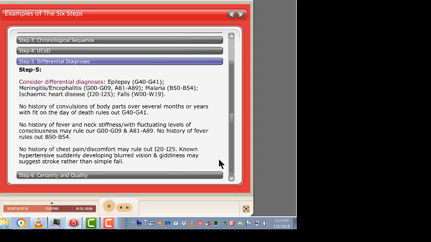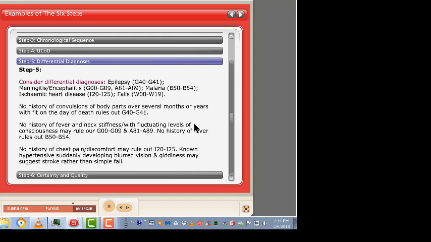Step 5. Consider differential diagnosis: epilepsy G40 to G41, meningitis, encephalitis G0 to G9, A81 to A89, malaria B50 to B54, ischemic heart disease I20 to I25, falls W0 to W19. No history of convulsions of body parts over several months or years with fit on the day of death rules out G40 to G41.